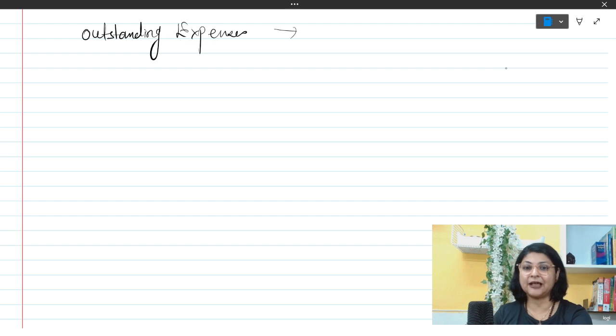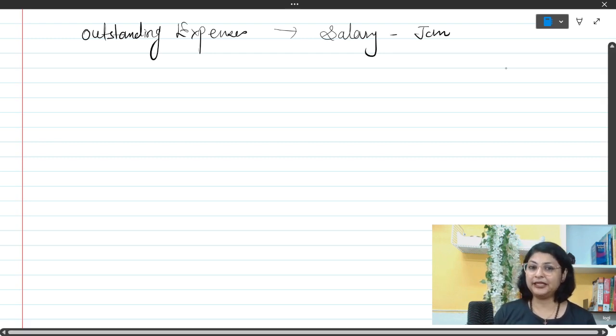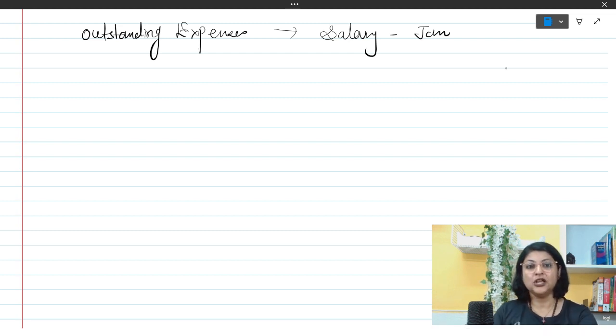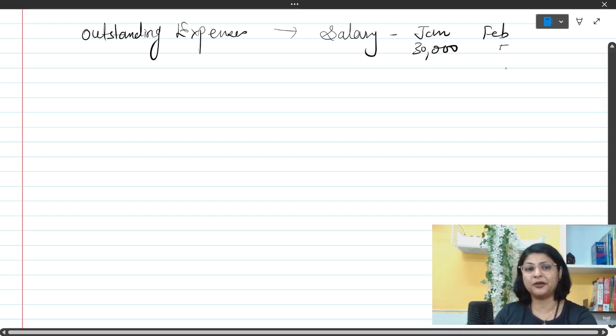Let's take an example of salary. For example, the salary for the month of January is being generated. The worker has worked from 1st January to 31st of January, but we are not paying the salary on 31st of January itself. We pay the salary on the next month's 1st, 2nd or 3rd, something like this. So let's say the salary of the month of January was 30,000 rupees, but we are making the payment on February 5th.